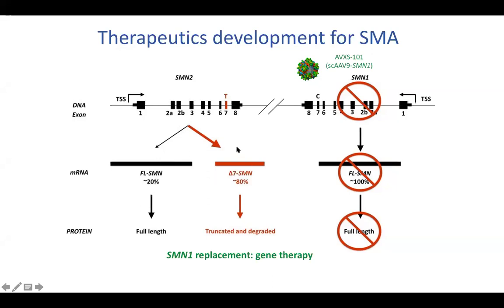And if you can prevent this type of alternate splicing that occurs and degrades the SMN2, then maybe there's a way of boosting the amount of protein. And this is exactly what happens through this antisense oligonucleotide, where splice switching can occur.